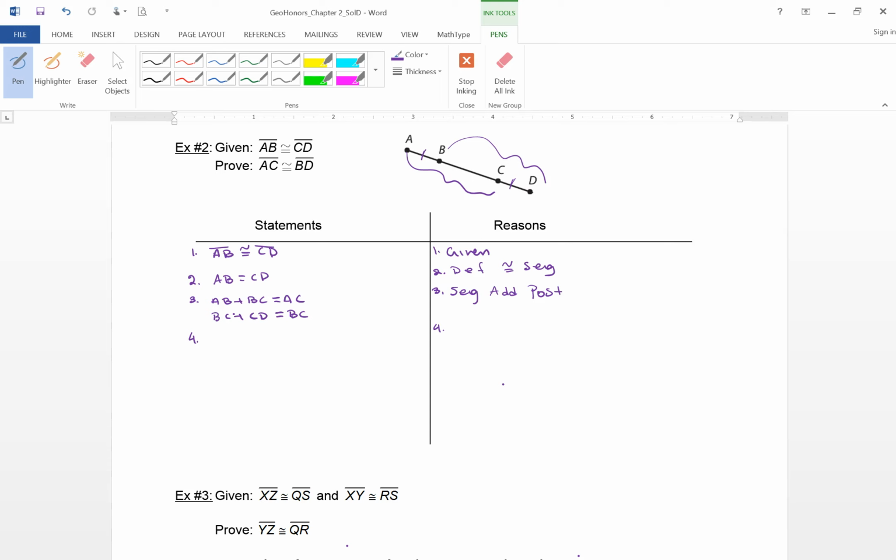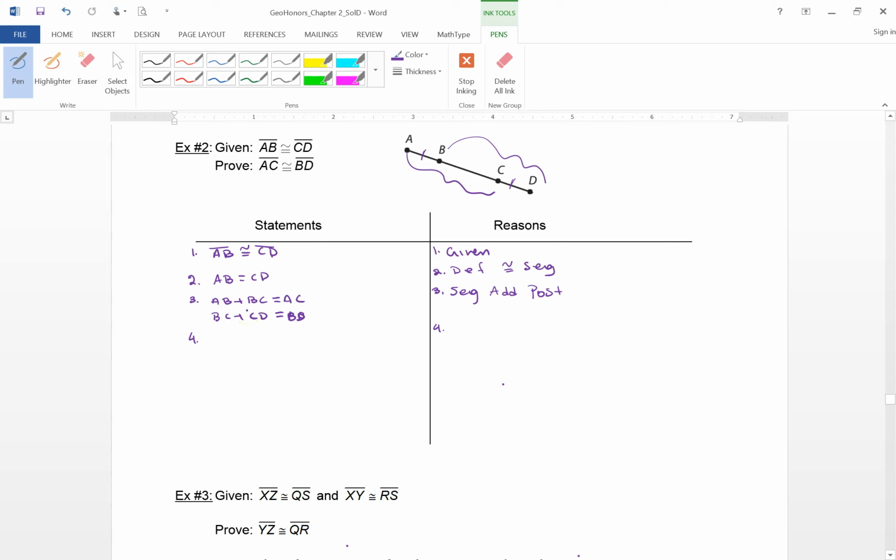AB. Okay, so I'm going to put in one more intermediate step. So I know that, did I write this right? AB plus BC is AC, and this is BD. Okay?